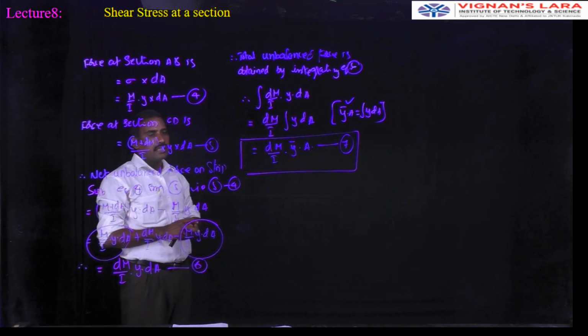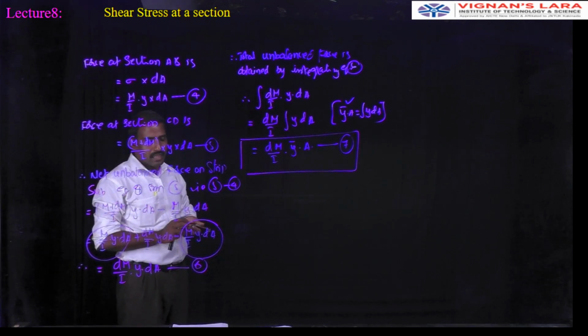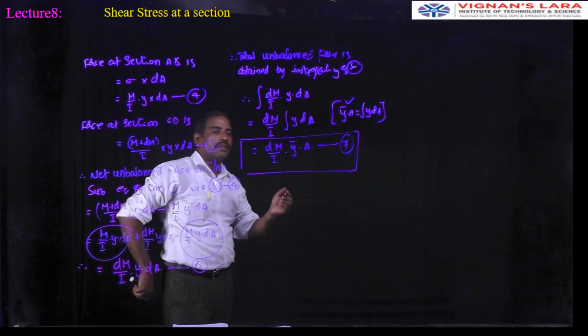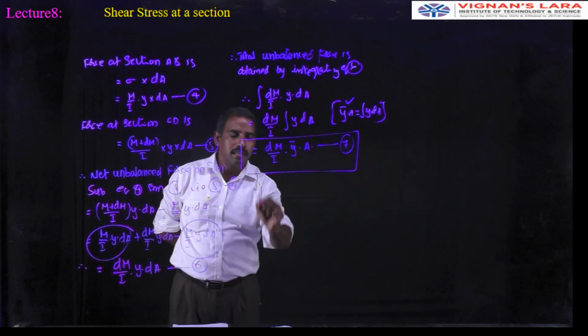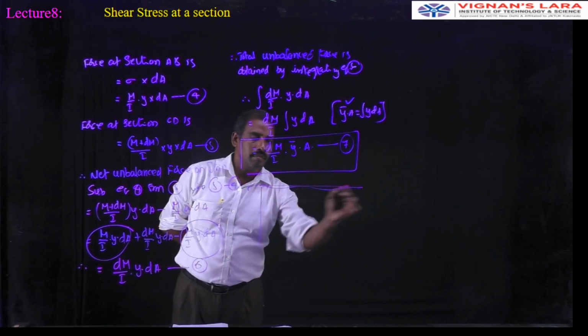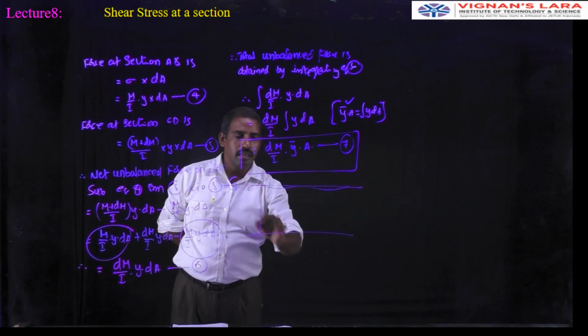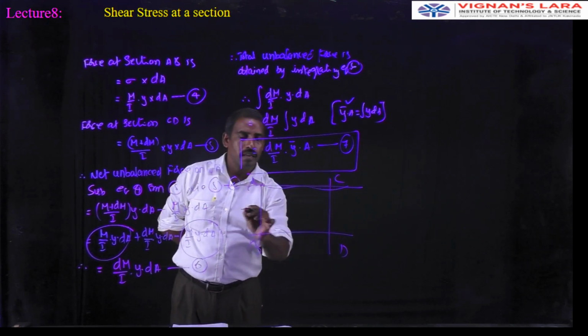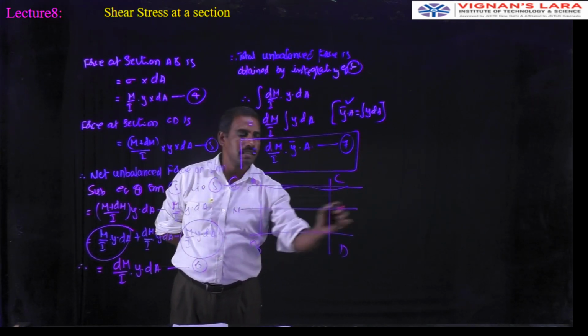As we know, the shear resistance or shear force at the level EF is equal to the total unbalanced force. For that, let us consider this is a beam, at section AB and section CD. This is the neutral axis NA.